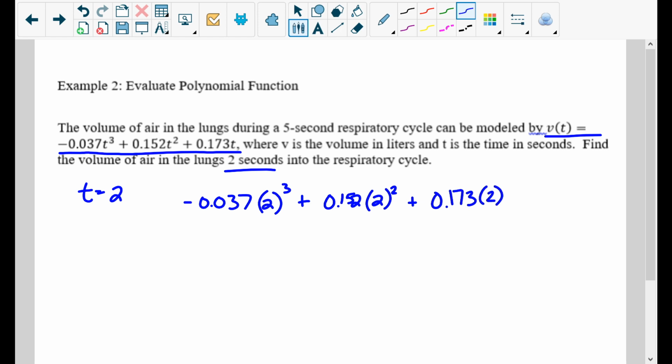We plug that into our calculator, and we get v of 2 is equal to 0.658, and we're talking about volume here in liters, so this is 0.658 liters of air.